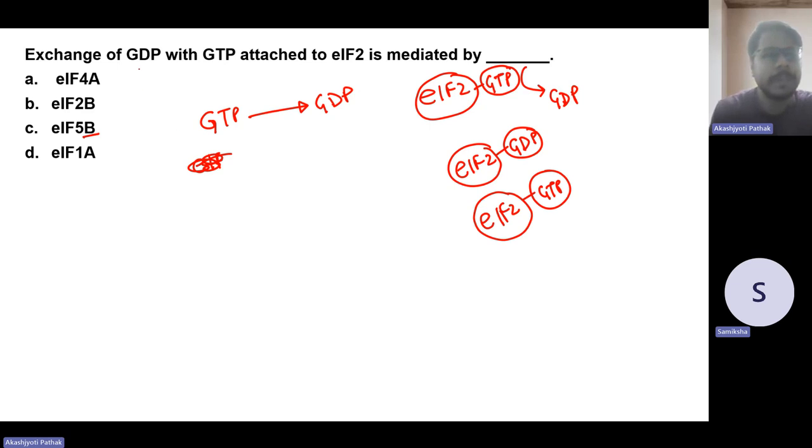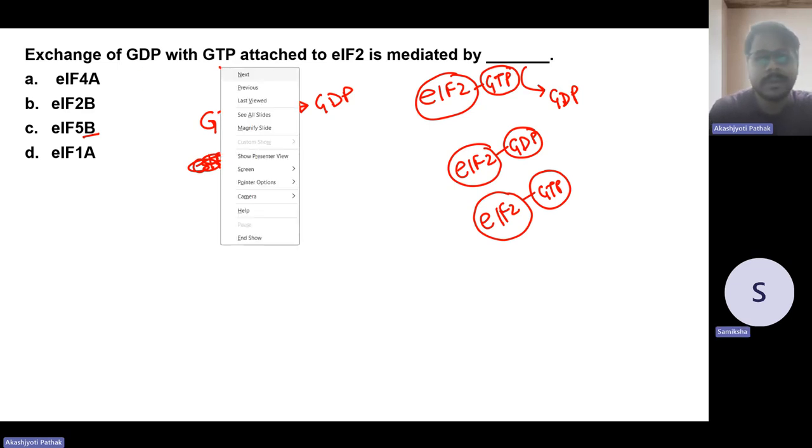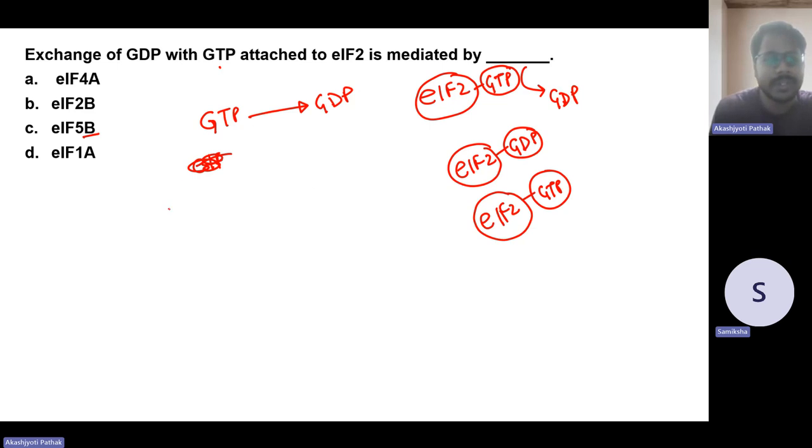Exchange of GDP with GTP. Initially, what was happening? You tell me. EIF2 was there, bound to GTP. It recognizes the initiator tRNA. This is my initiator tRNA, attached to the methionine residue, and this initiator tRNA is recruited to the P site by this EIF2 initiation factor, right?